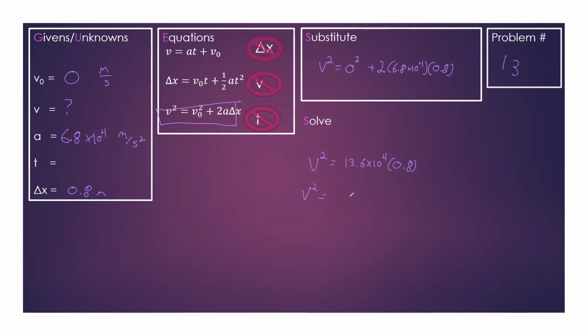What would that even be? 1,088,000. And then we will take the square root of that to get rid of the squared off the v. And that is 1,043.07 meters per second. Again, plus or minus. In this case, I choose the velocity will be positive.